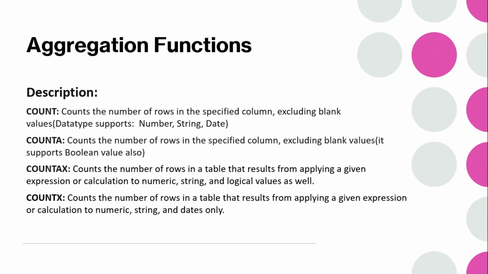So COUNTAX counts the number of rows in a table after evaluating the expression, and it supports numeric, string, and logical values, whereas COUNTX does the same function as COUNTAX, but it does not support logical values.